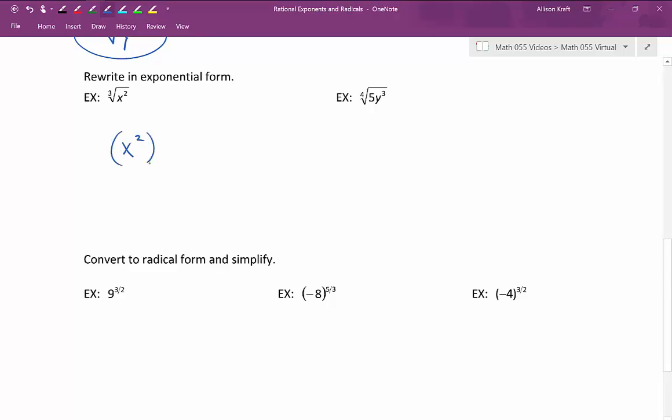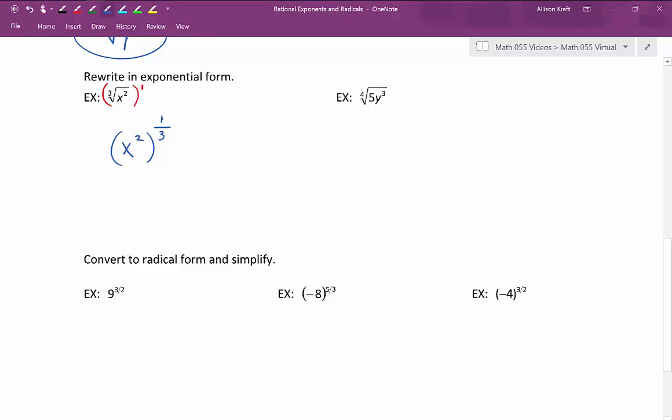So all of that is going to be raised to some rational exponent. I know that the index of my radical is going to be the denominator of my rational exponent. But what power is this whole thing being raised to? The first power. Therefore, the numerator of our rational exponent is 1.